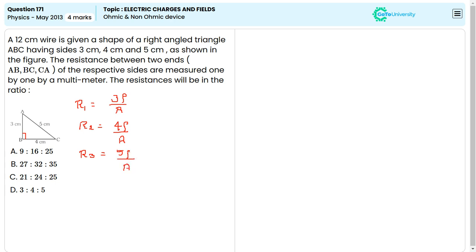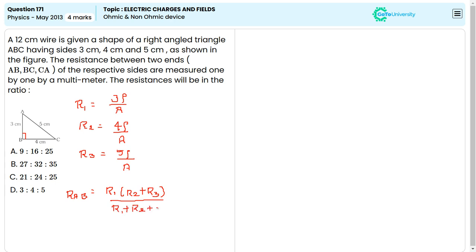Therefore, the resistance between the ends A and B, that is resistance AB, we can write as R1 into R2 plus R3 divided by R1 plus R2 plus R3.